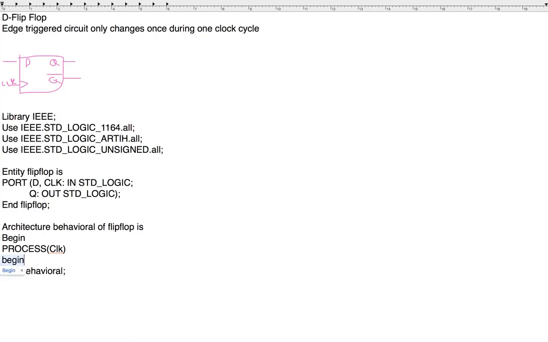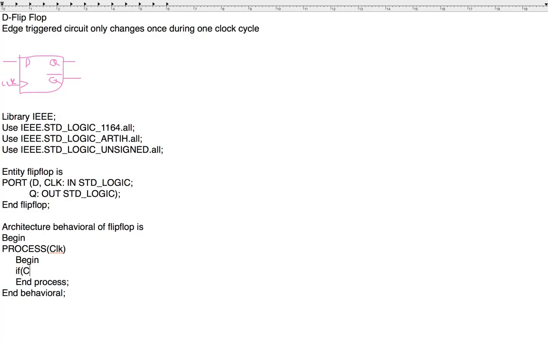We're going to begin the process, and then end the process. Within our process, we can have an if statement. If you guys recall, within a process you can have if statements. If you're outside a process, you have to use with select or when else.